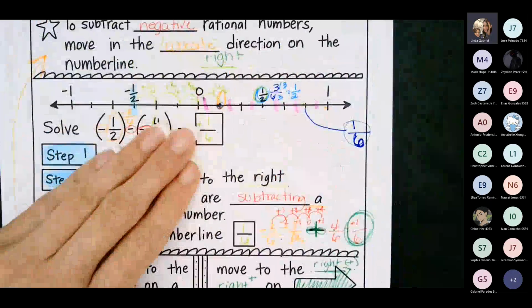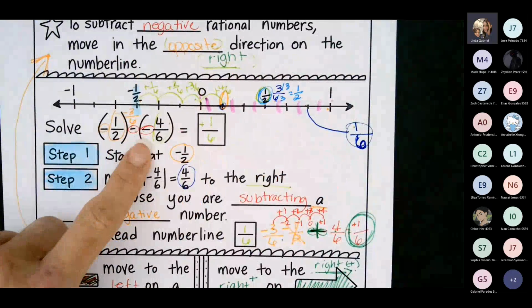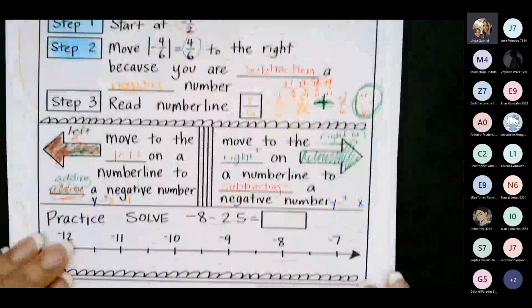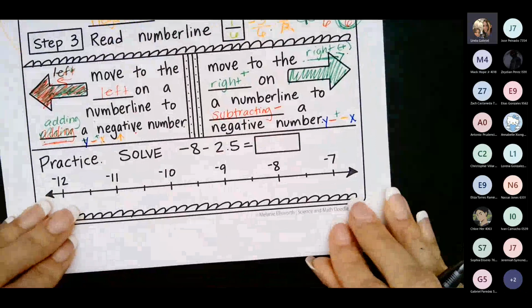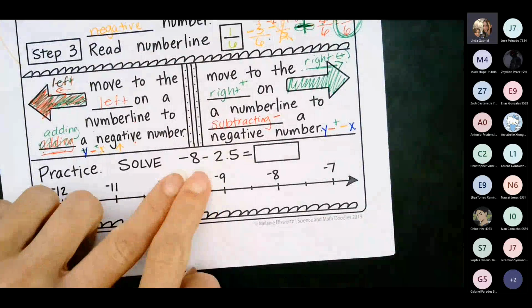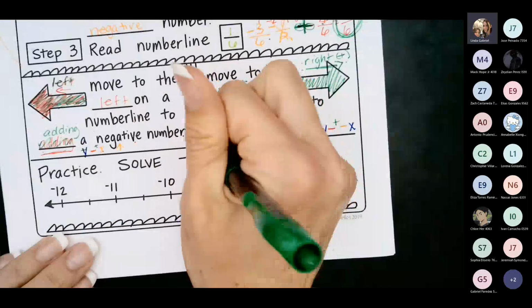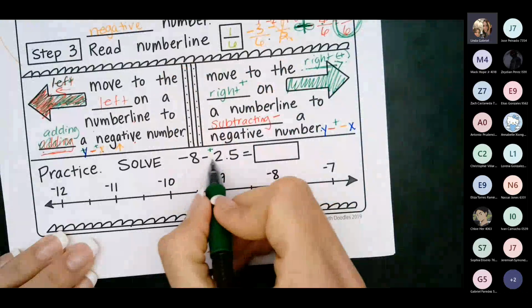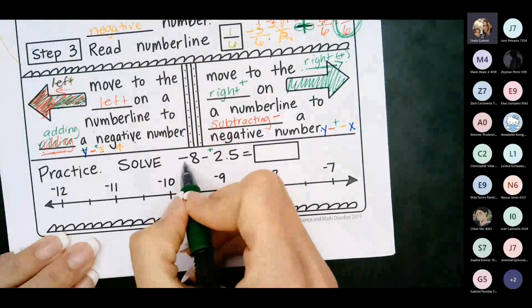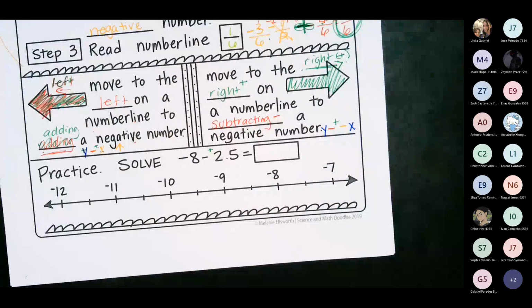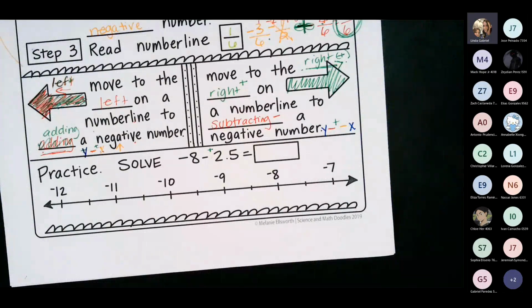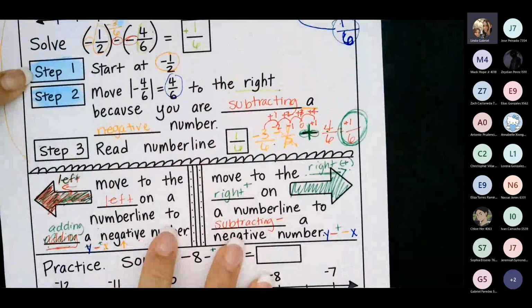Okay, so here's our example where we are subtracting our negative number. Now let's go back and practice, looking at it as if we are subtracting a positive number, because I don't have another negative sign here. So we're going to do the same thing we did here for step 1.